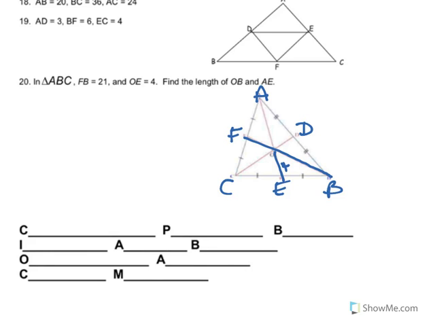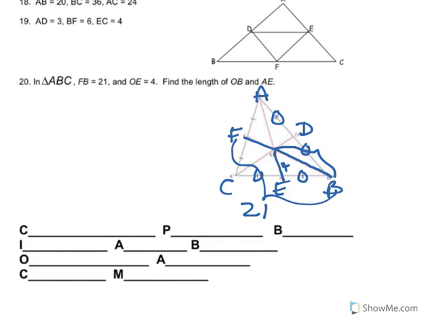Okay, so OB is this line segment here, and if we know the whole thing is 21, and since we see all these congruent marks here, we know that what we have found is the centroid, and those are all medians, and so the 2/3 rule is going to be in effect.